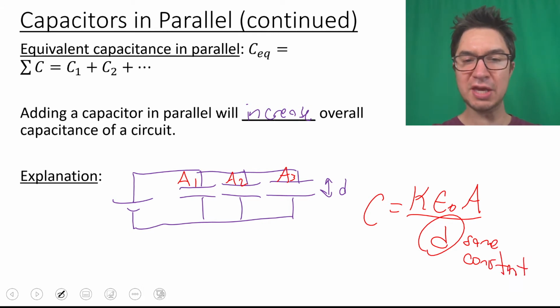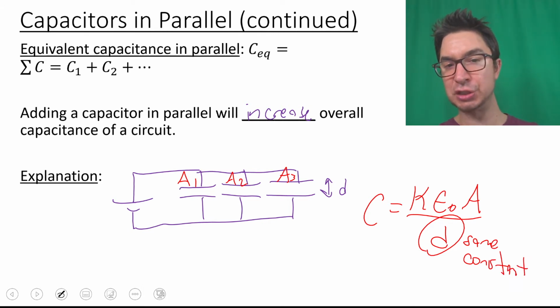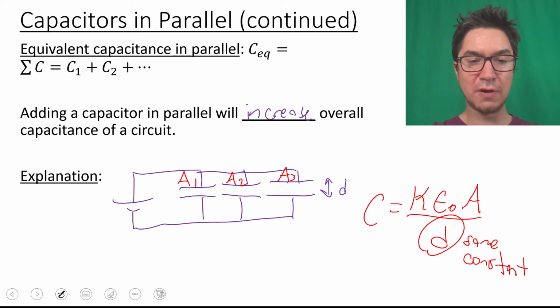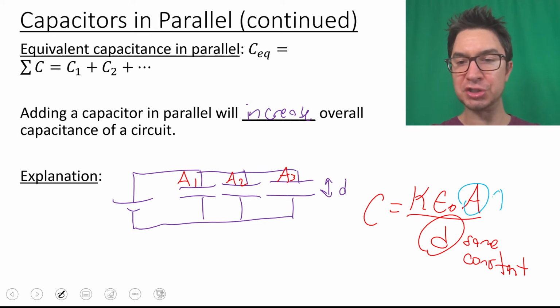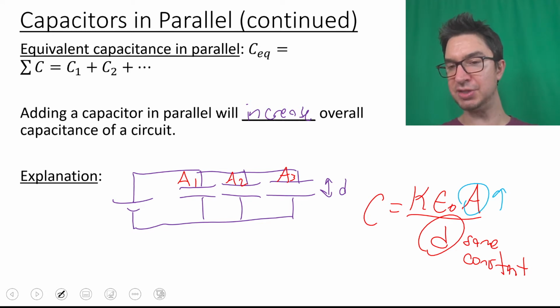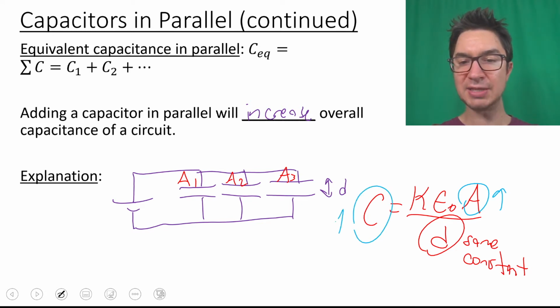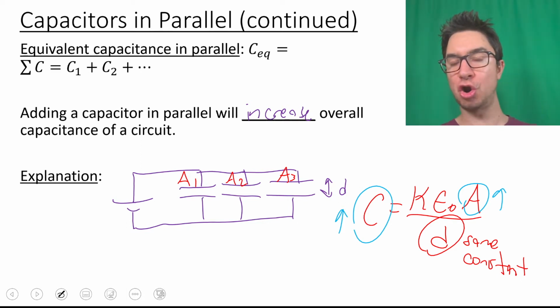is it fair to say that by adding essentially more area for the charge to build up on, when that area gets bigger and everything else stays the same, that capacitance is also going to increase because we're able to store more charge in the circuit than we were able to previously.